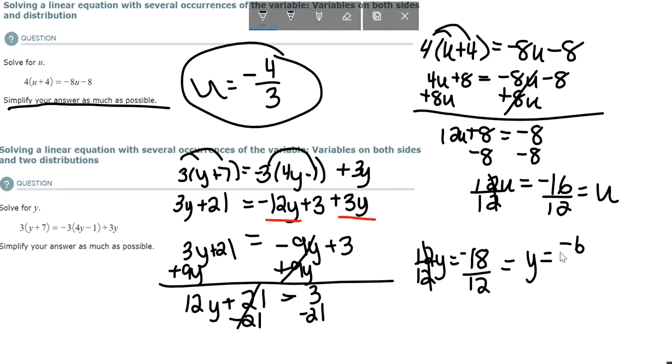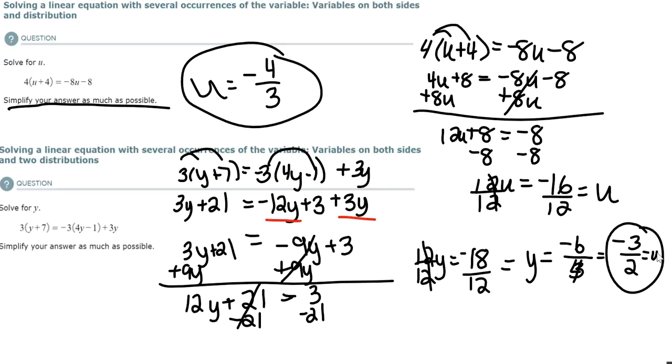Oh, wait, they're both divisible by 6. So negative 6 over 3, which then goes one more, I'm sorry, negative 6 over 4, and then I can divide by 2, which would give me negative 3 over 2. So that is what y equals.